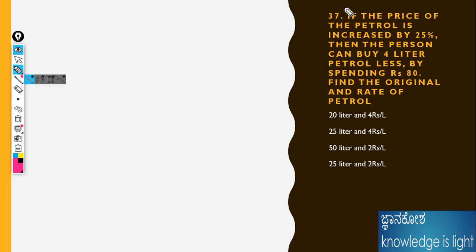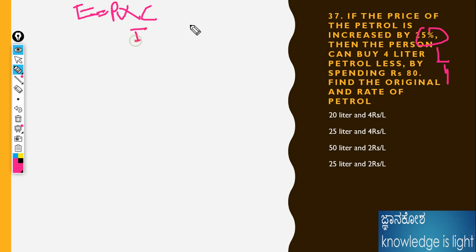Okay, 25% is 1 by 4. Understand? Therefore the initial price is increasing. It is the same formula: expenditure is equal to price into consumption. Initial value, final value: price is increasing, 1 by 4, so 4 becomes 5. Then consumption should be the opposite of that, 5 by 4.